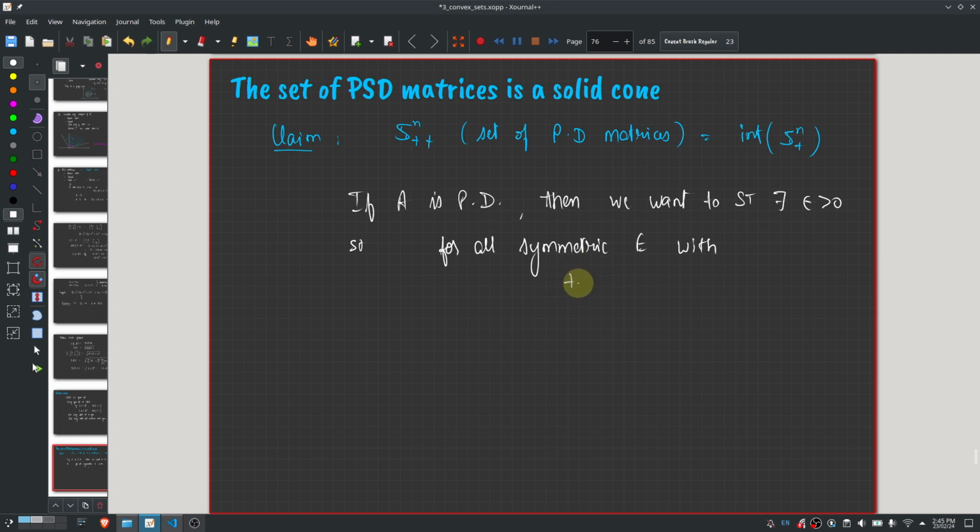Let's explicitly write that out, with trace of E transpose E less than epsilon square, right? Because the norm is the square root of the trace of E transpose E. So as long as the trace of E transpose E is less than or equal to epsilon square, A plus E also belongs to the set of positive semi-definite matrices. So basically A plus E is also a positive semi-definite matrix.